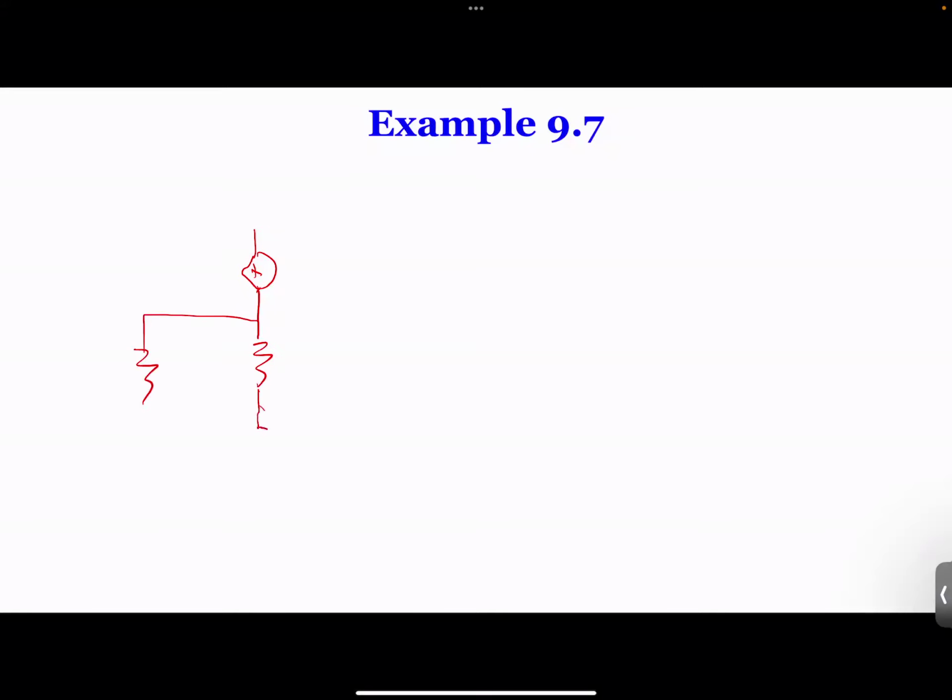What you need to do is find out this R5, okay? And this is your output. You apply Vx over here, and you get Ix. So your RO is Vx over Ix.